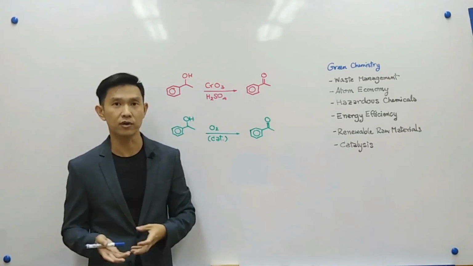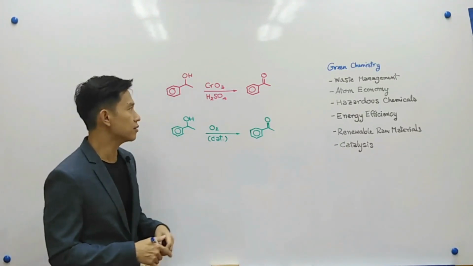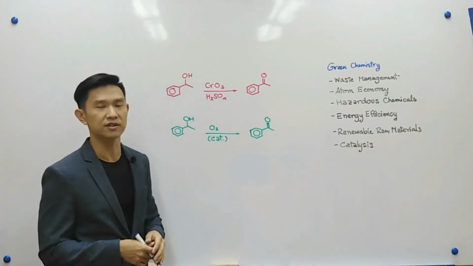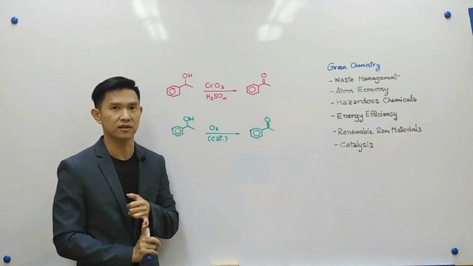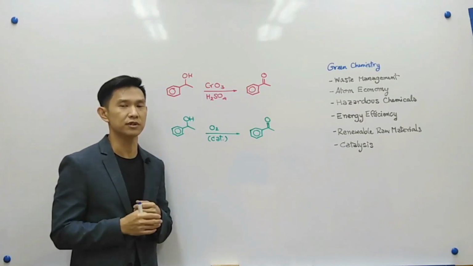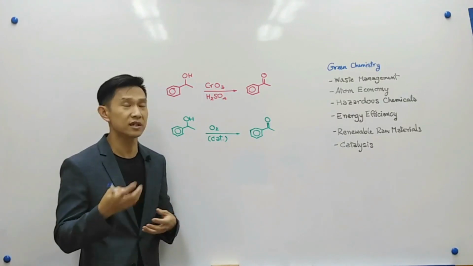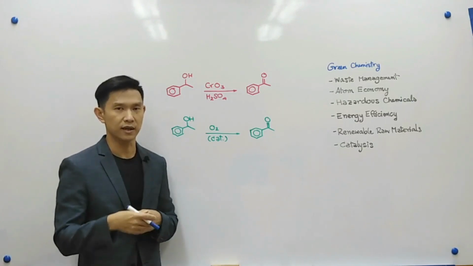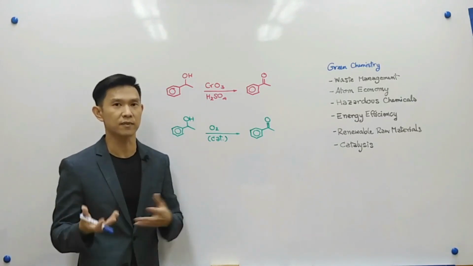It requires fossil fuels, or maybe electricity, things like that. So you can reduce the energy by, instead of using very high temperature, using pressure instead, because normally heating things up and pressurizing things, you invest different amounts of money actually.